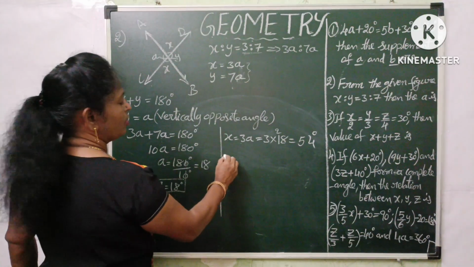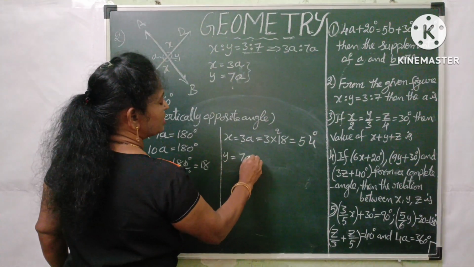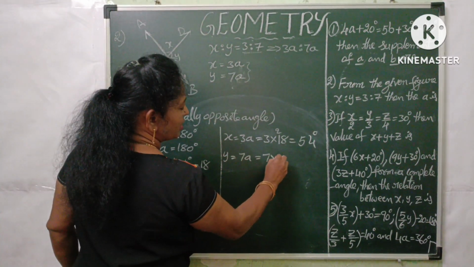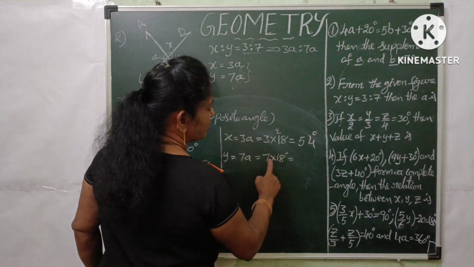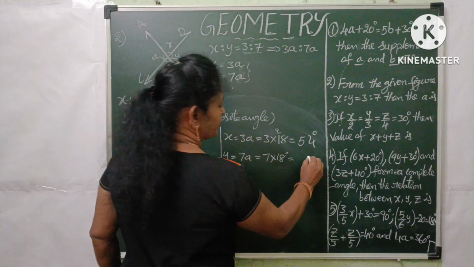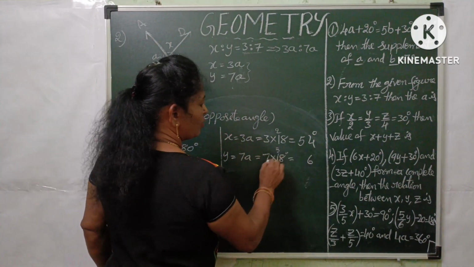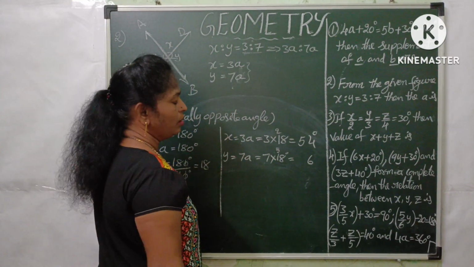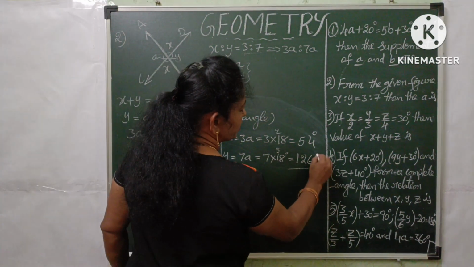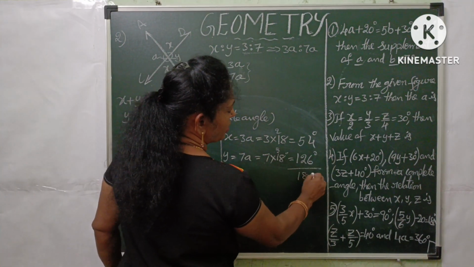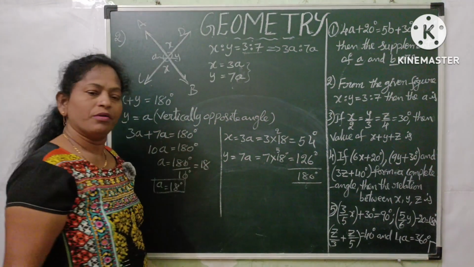Next one. y equal to 7a equal to 7 into a, how much? 18. Then 7 8s are 56, 1 7 7, 7 plus 5, 12. 126 degrees. Then both we add: 180 degrees equal to 180 degrees.